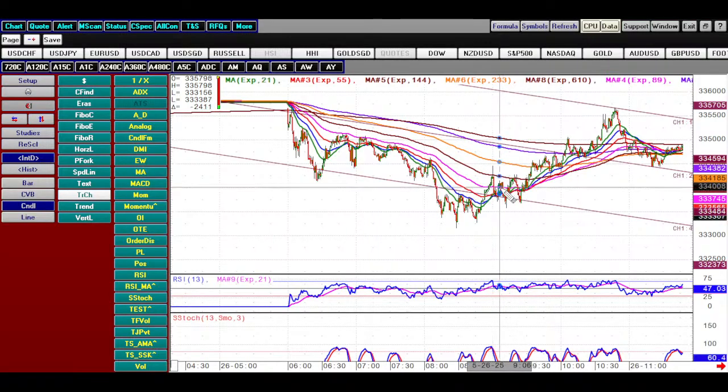Another way we can look at volume is, I don't know whether on balance volume is available, or open interest.